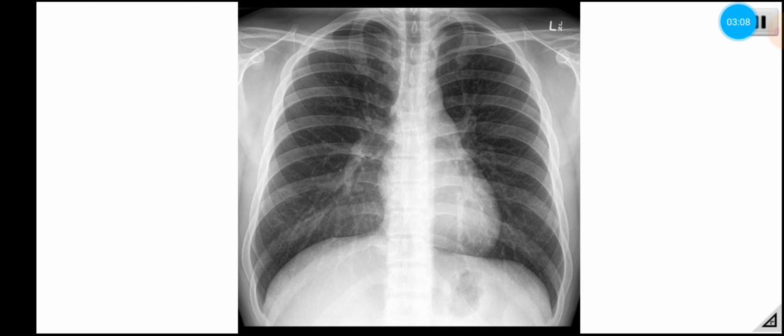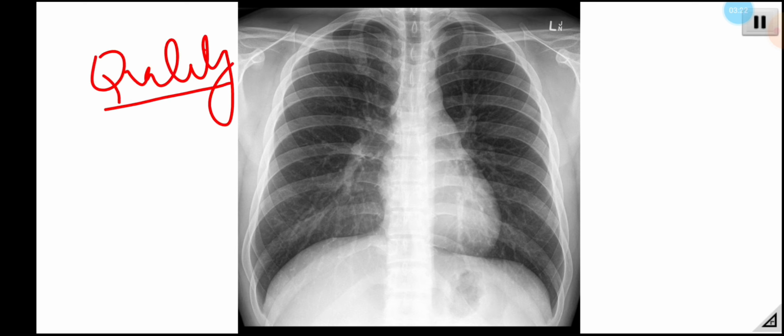The next thing you see in the x-ray is the quality of the x-ray, whether that's a good quality x-ray or not. And again, here are the three things you need to look for. The first thing is to look at the spinous processes over here.